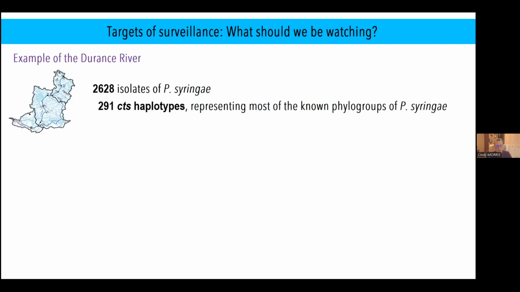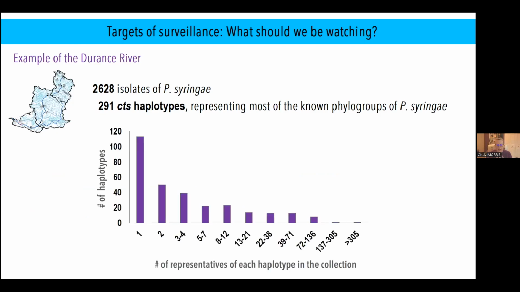So we go back to our strains in the river. We have 2,628 isolates of Pseudomonas syringae, and these represent 291 CTS haplotypes. That tells you about the diversity, and they represent most of the known phylogroups of Pseudomonas syringae. Let's look at the frequency of those haplotypes.